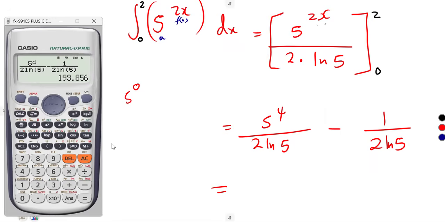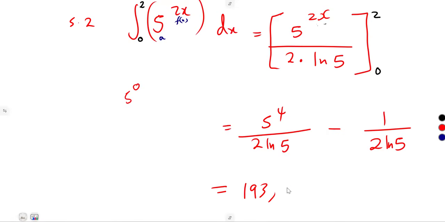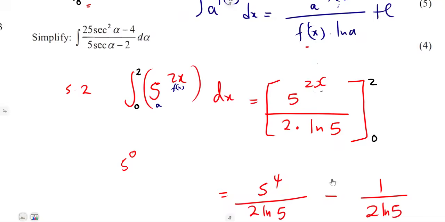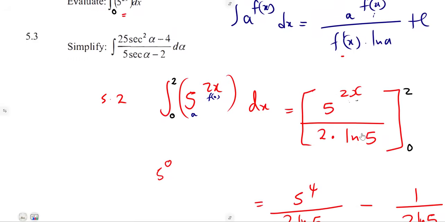It was going to give us 193,856 to 3 decimal places. Okay, so that is what we had on this question. Sorry for that. We just need to consider those limits. They are part of our question. Okay, that is it. 5.3 integrate.